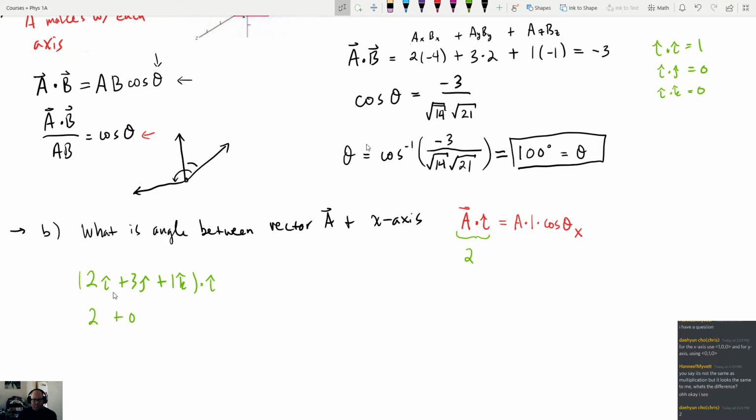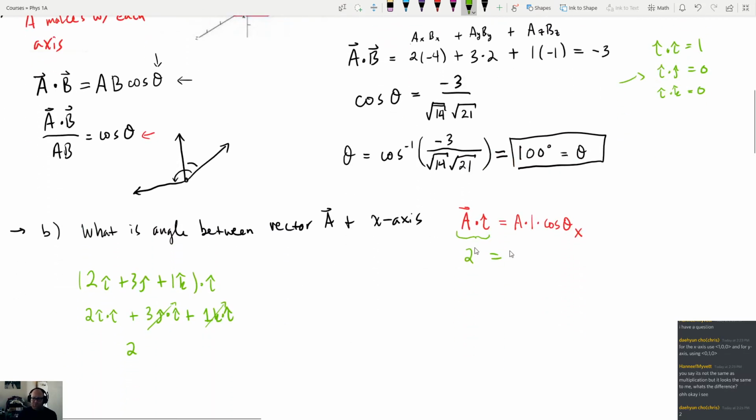Oh, sorry, my bad. Let's say that again. In fact, I should just not skip steps. This is physics 1a. You have to assume that I really should show all the steps. So 2 I dot I plus 3 j dot I plus 1 k dot I. But these are all 0, according to these definitions here. So that means that the answer is 2. So we get 2 equals, magnitude of A was root 14, right?